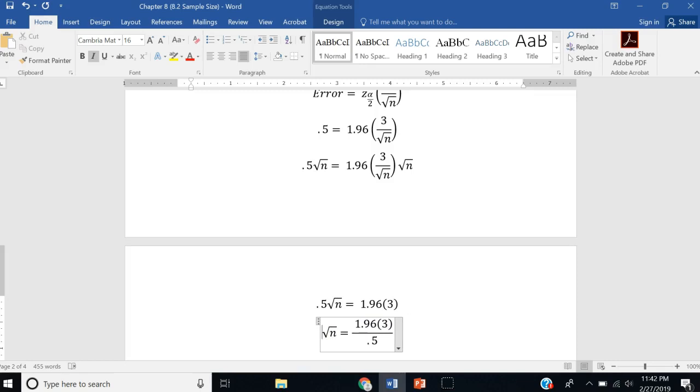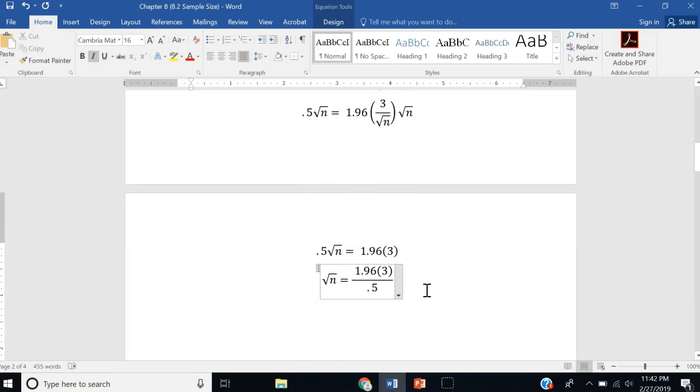The right-hand side becomes 1.96 times 3 divided by 0.5. So we have the square root of n is equal to this. Now what I like to do at this point is type that into my calculator. 1.96 times 3 divided by 0.5. That gives me 11.76.